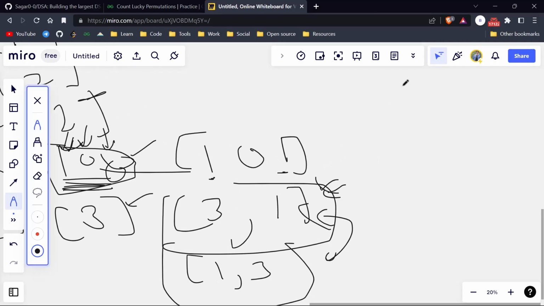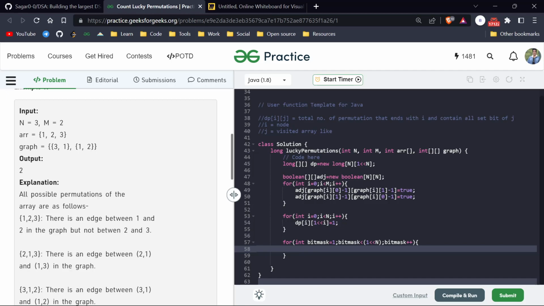The number of permutations that end with 1 and that contain 1 and 3. So the number of permutations is equal to only 1. So that is the thing, because the number of permutations that end with 1 equals this one, and that also contains 3 will be this one. So 3 and 1, okay? And I hope now you understand this thing, why we are writing it as this.